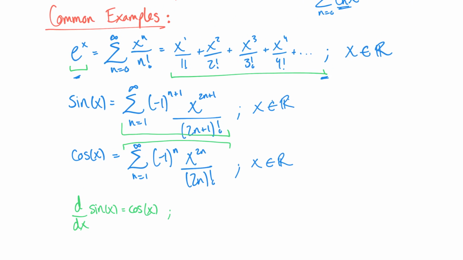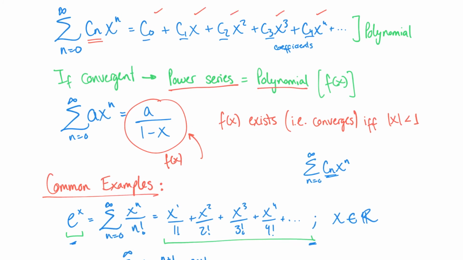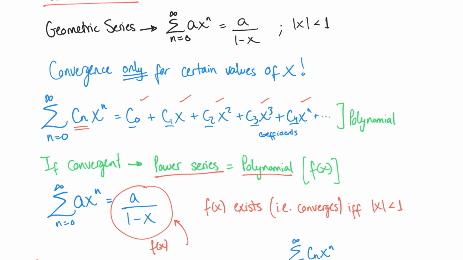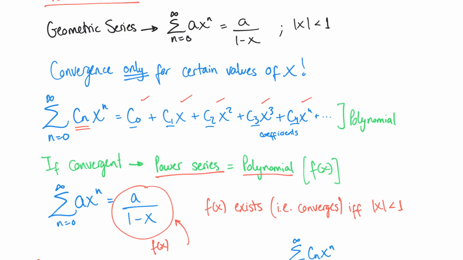So, alright guys, as a summary, power series are basically an extension of a geometric series. We have a series that looks like this, where we have a variable coefficient c of n multiplying x to the power of n. And once I expand that summation, I realize that I'm getting polynomials. The coefficients for each term in the polynomial may vary, but it's a polynomial nonetheless.